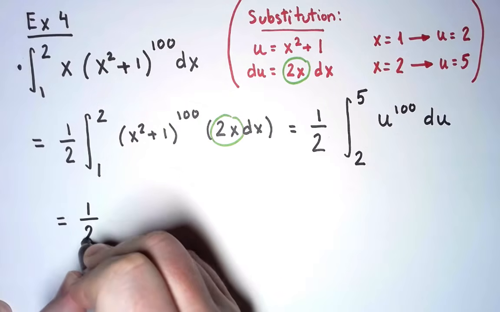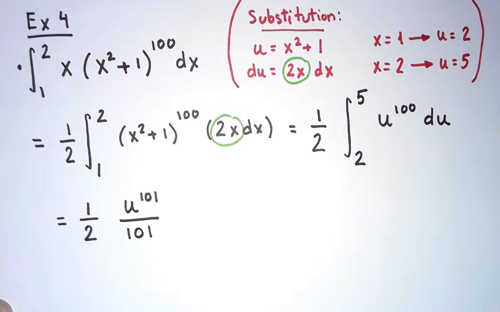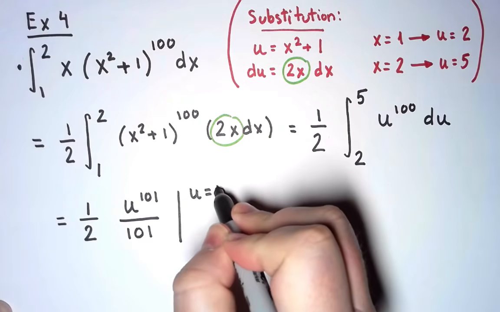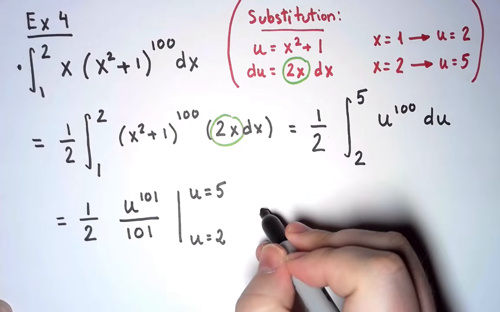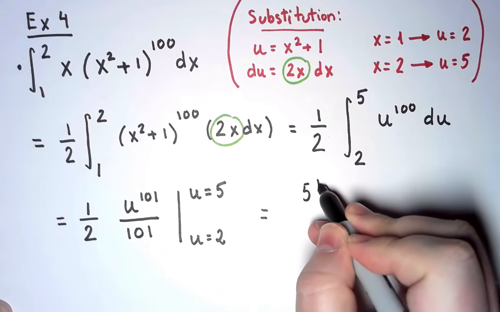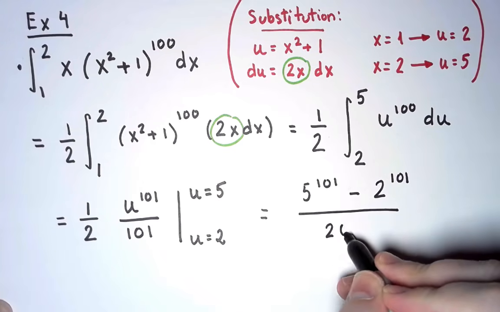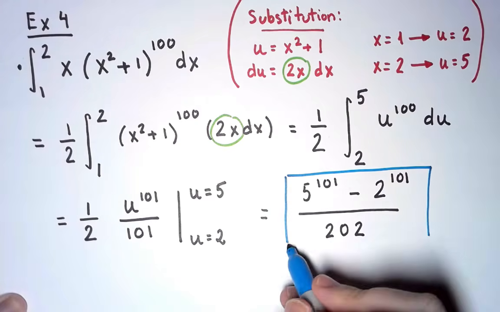It will be 1/2 of u to the 101 over 101. And I need to evaluate it at u equals 5 minus evaluate it at u equals 2. So I get (5 to the 101 minus 2 to the 101) over 202. And that is the final answer.